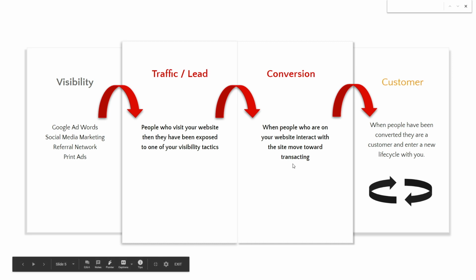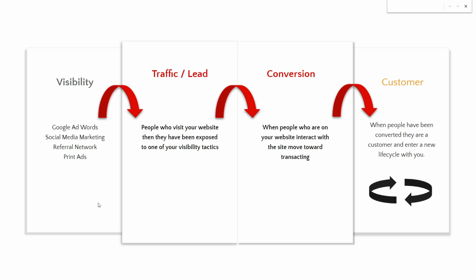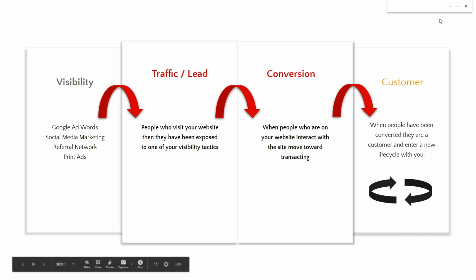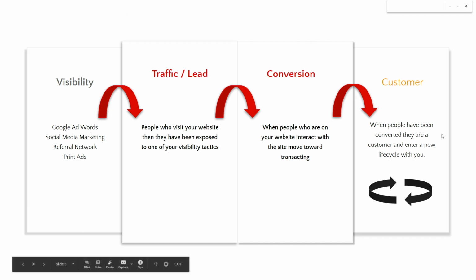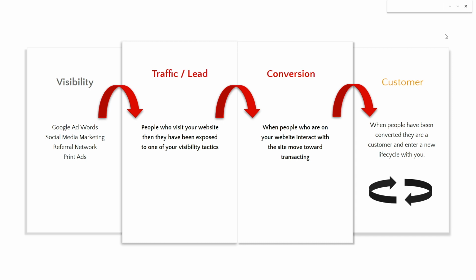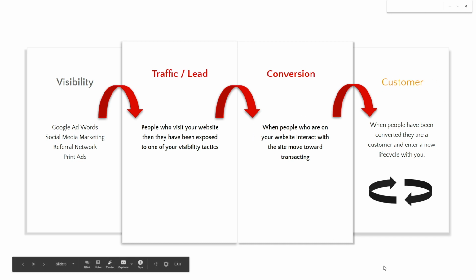So as we can see from this, and it makes sense as well, your website plays a very specific part in the bigger picture of your marketing strategy. And that's really around, once these visibility tactics are working and they're delivering you traffic, taking a lot of care and showing a lot of love for those website visitors and converting them into a customer in some way or another.